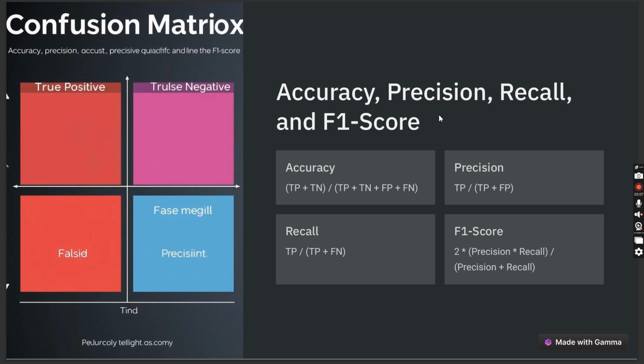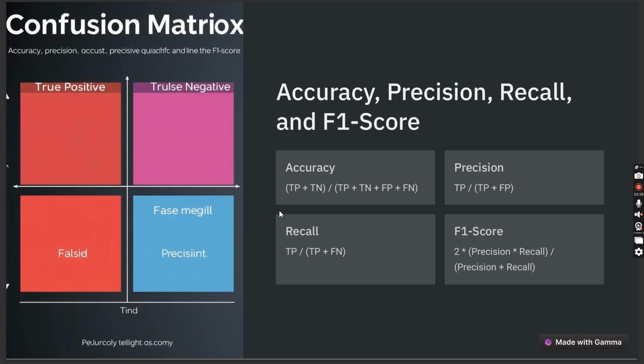So, these are the formulas for accuracy, precision, recall, and F1 score. TP stands for true positive, TN stands for true negative, FP stands for false positive, and FN stands for false negative.